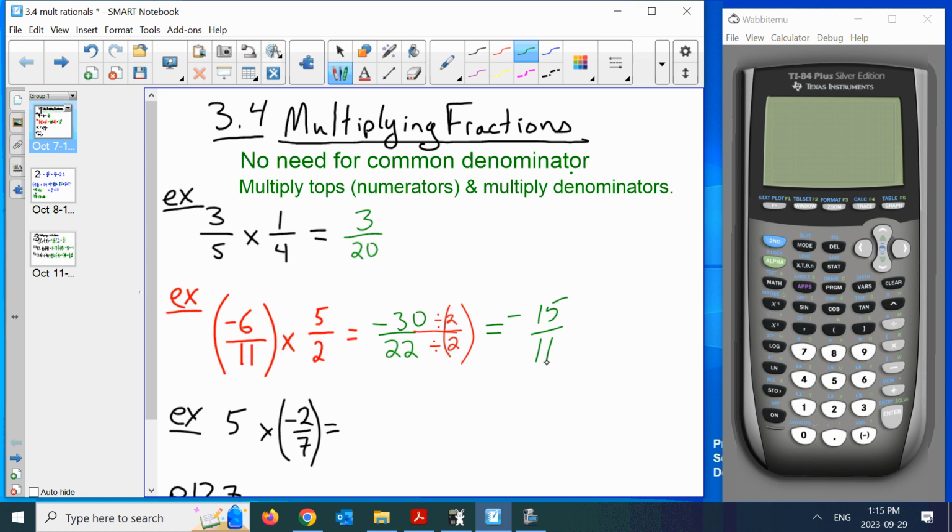I'm trying to clear. Negative sign, 15, 11.